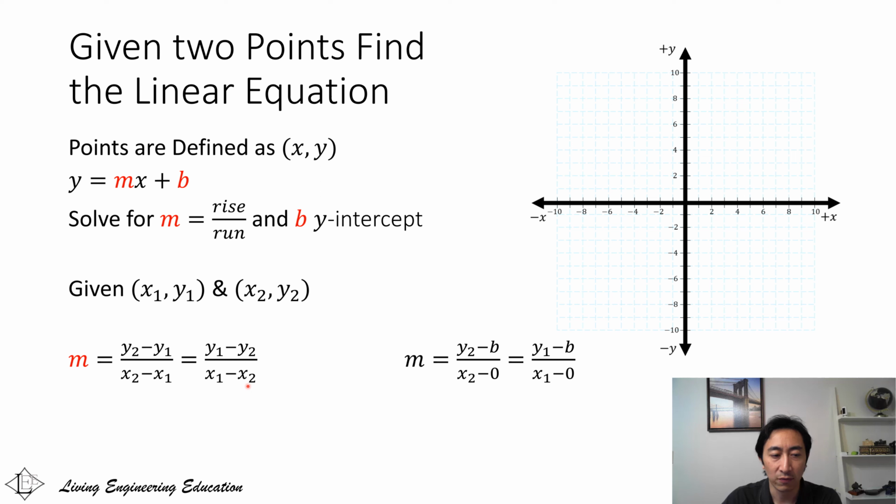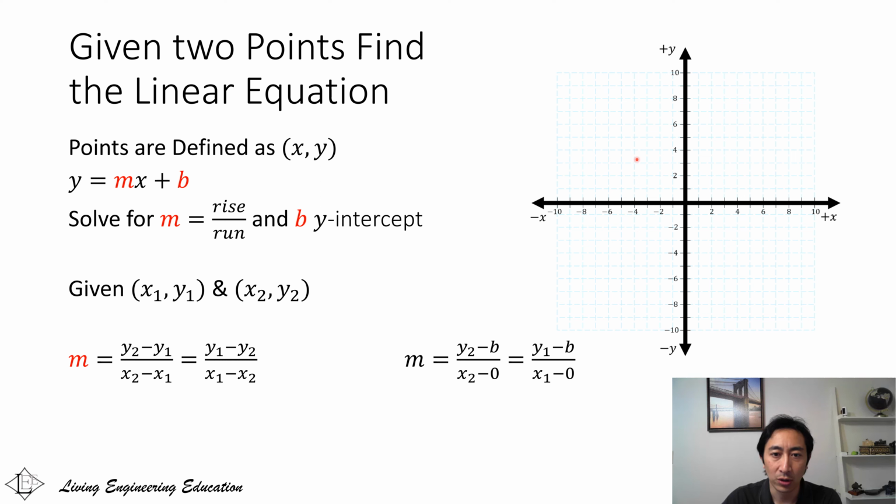All right, so you can solve for the slope relatively easily following this formula. Now, when we try to solve for the y-intercept, one way to think about that is to treat the y-intercept as a third point. We know that the x value of the y-intercept would be x equals 0, right? That's a definition. It's where the line crosses the y-axis.